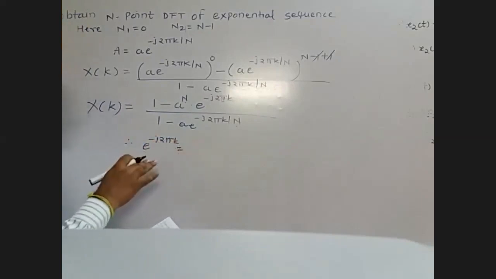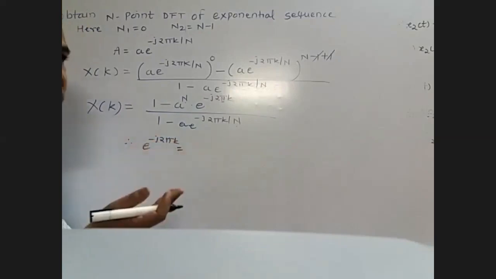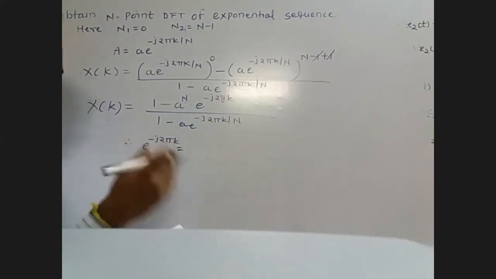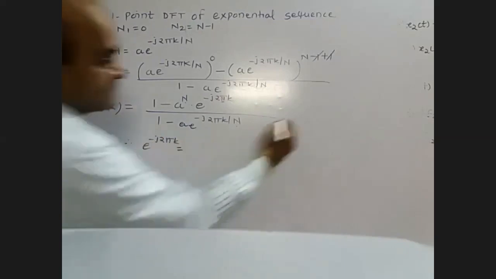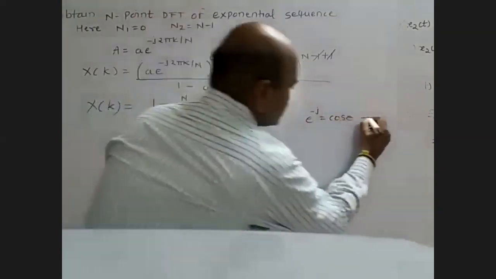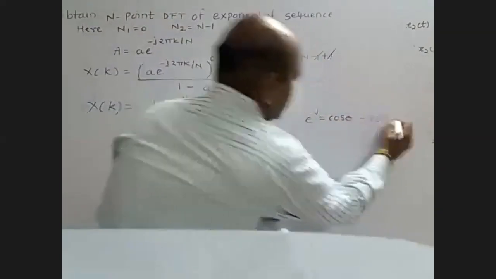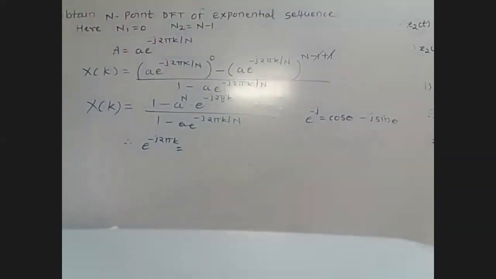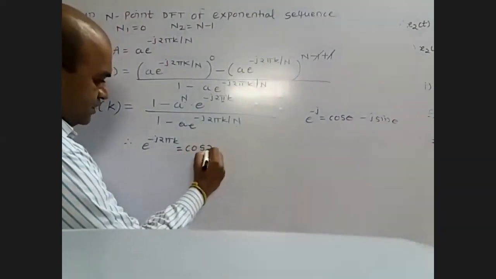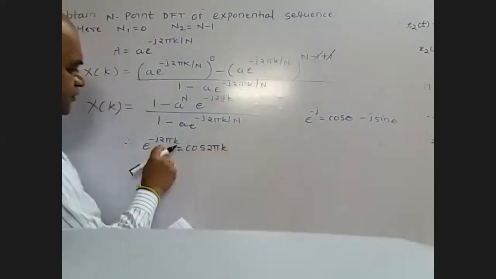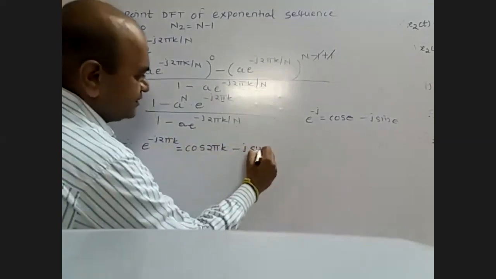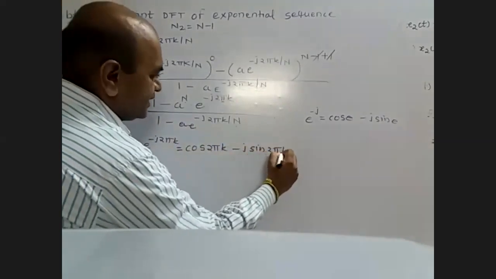What is e raised to minus j theta? That is cos theta minus j sin theta. So here I replace it with this term, so you will get cos of 2 pi k minus j sin 2 pi k.